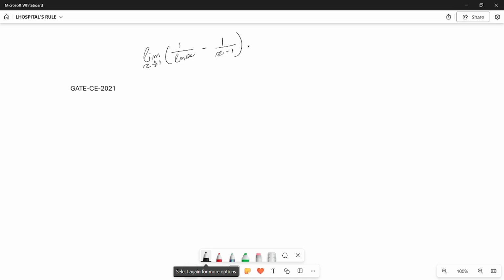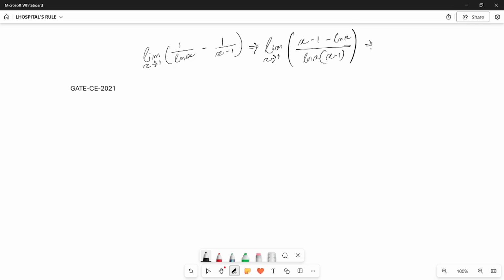Now, just do one thing. If we solve it like this, limit x tends to 1, ln x into x minus 1, and here we can put x minus 1 minus ln x. Now put the value of x here.